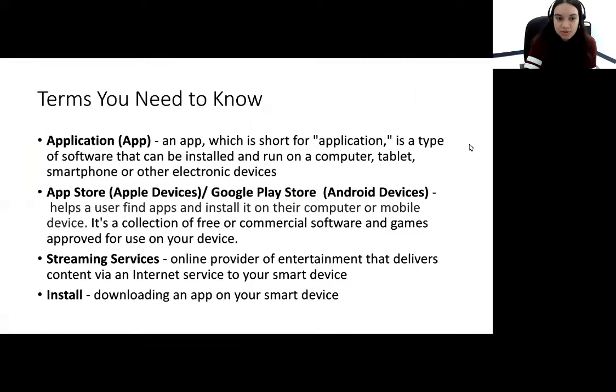And those are the two places where you get any type of app that can help you in your daily routine, right? So there's applications on entertainment, fitness, health, anything that you can think of, there's probably an application out there for you. So I would call the App Store and the Google Play Store like the shopping mall, because it's a place where you can actually get anything on there that can help you.